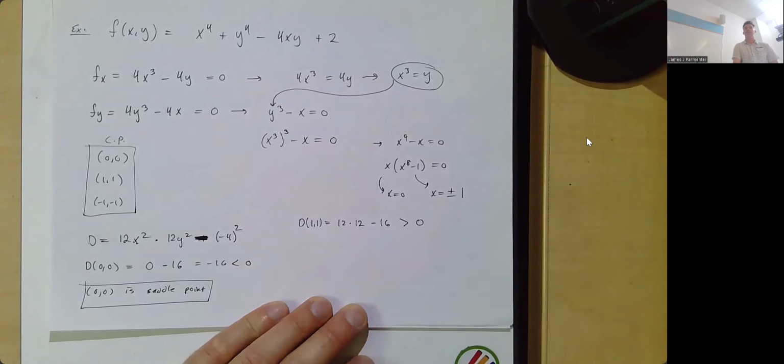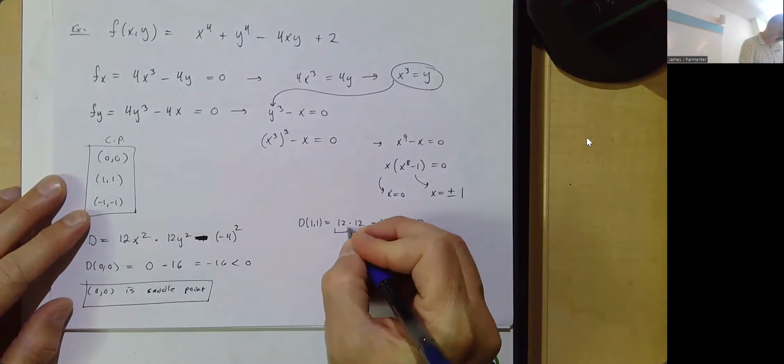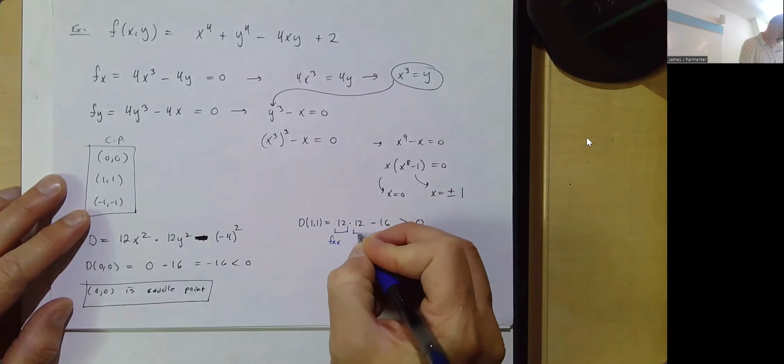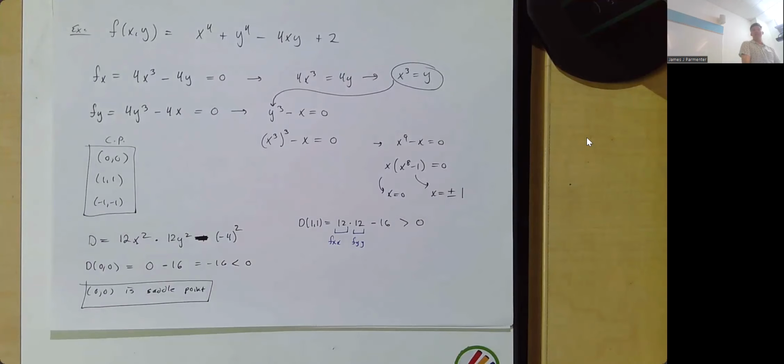That's positive. Another good reason to not multiply everything out, I've also got my fxx and my fyy still separate from each other. So with my D being positive and having to check fxx or fyy, I can see that both fxx and fyy are also positive.